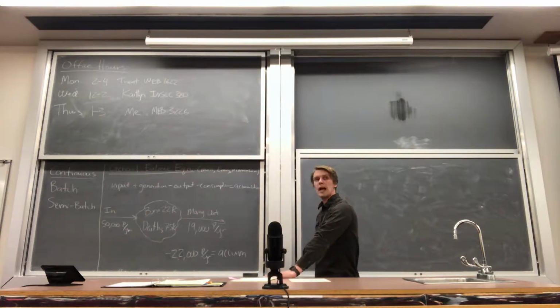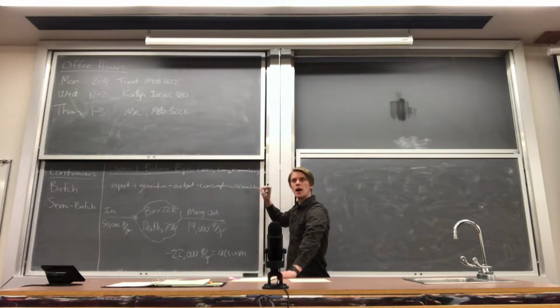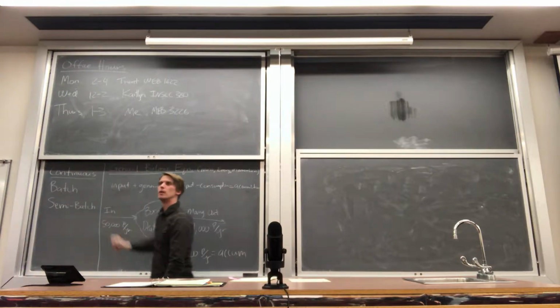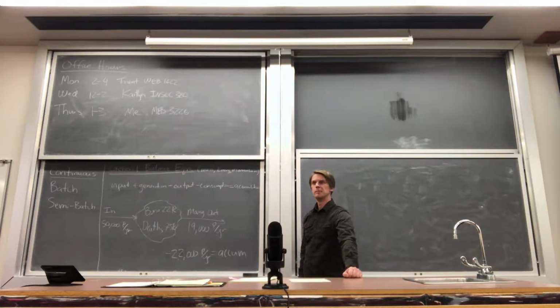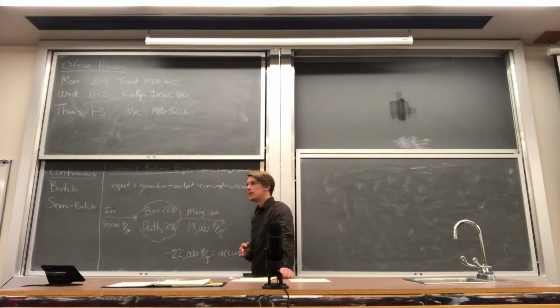So if we were to apply this general balance equation to our most common scenario, a continuous process, what approximation do we make? What term always goes to zero? Yes, accumulation.